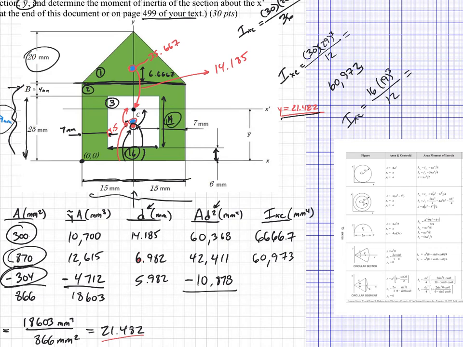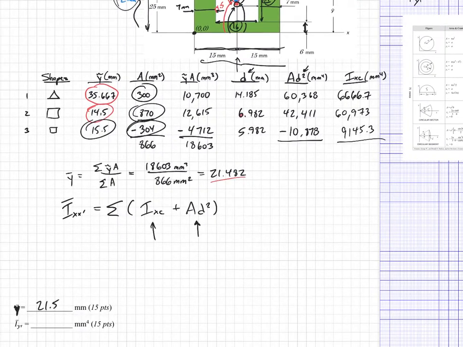So 16 times 19 cubed divided by 12 equals 9,145.3.